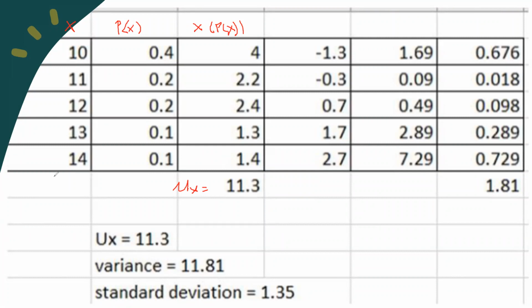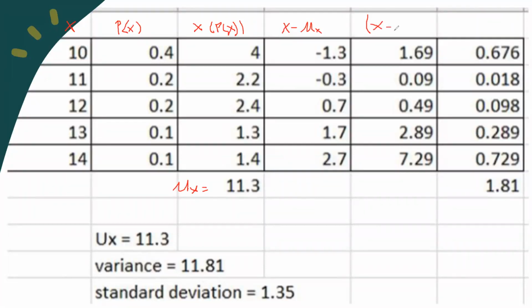Okay po? So, in order to continue, we subtract our mean from our x. So, it becomes x minus mean. So, nakuha natin ang negative 1.3, 0.3, 0.7, 1.7, 2.7. After that, ang ginawa natin is to multiply or to square our difference.